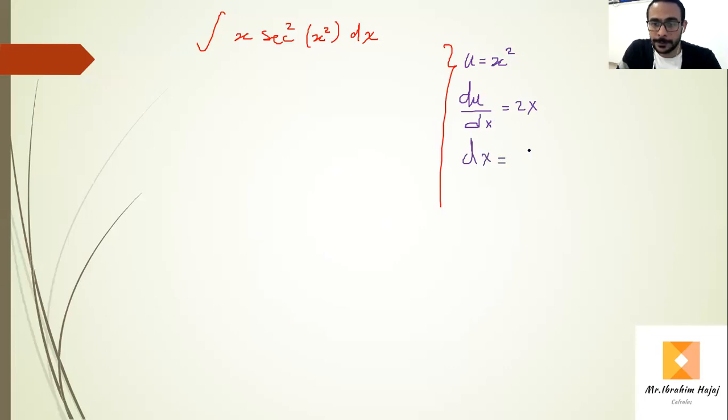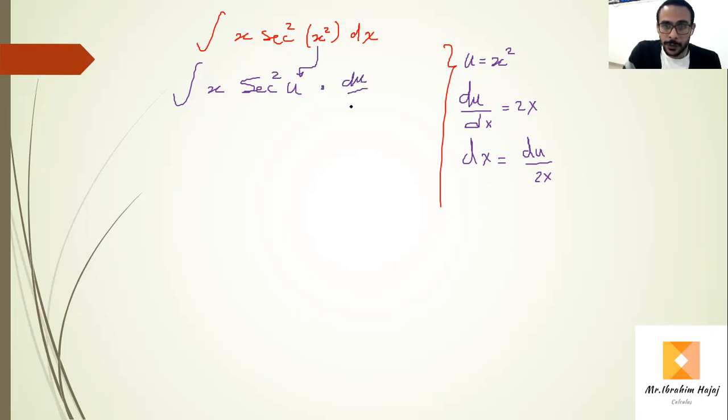The integral of x, the derivative of secant squared, leave it. Sec squared of u, dx. Then we substitute with u: x secant squared u, du over 2x.